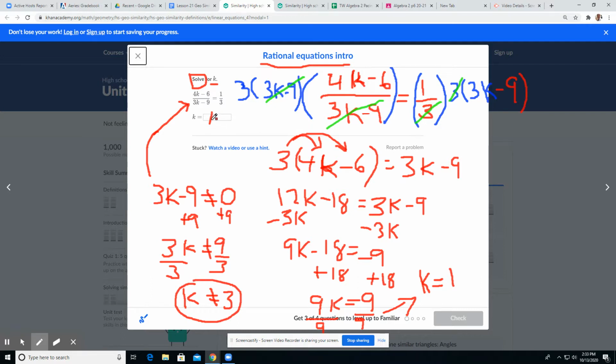If this answer was 3, then that would be an extraneous solution and it's not possible. So in this case, everything's okay, but it's always important whenever you have letters on the bottom of your fraction to check what it is. So 1 is what I got for my final answer. 1, check, and we're okay. K is 1.